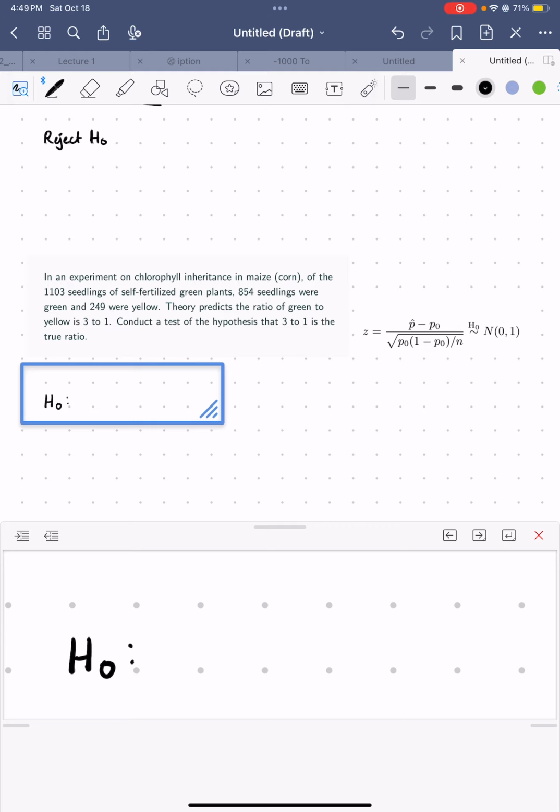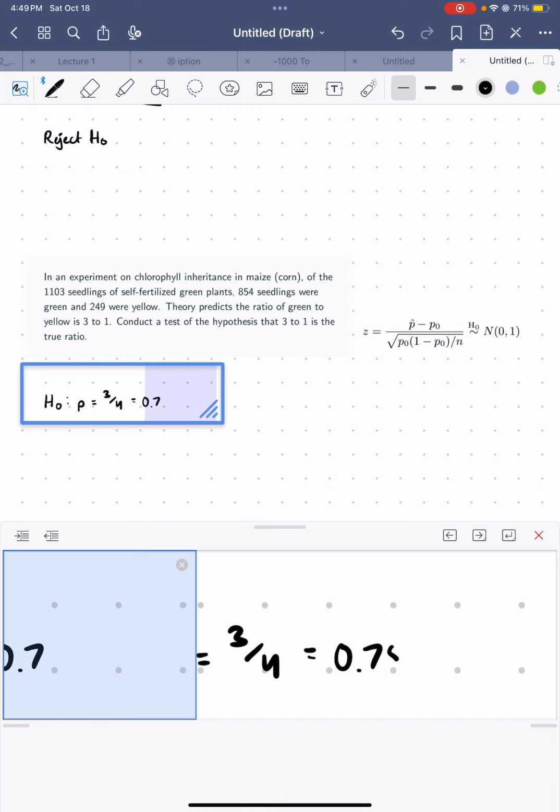And so that means that for our p, our proportion p will be equal to 3 greens out of a total of yellow and green, so that's 4, since there's 3 green and 1 yellow, so that would be 0.75.